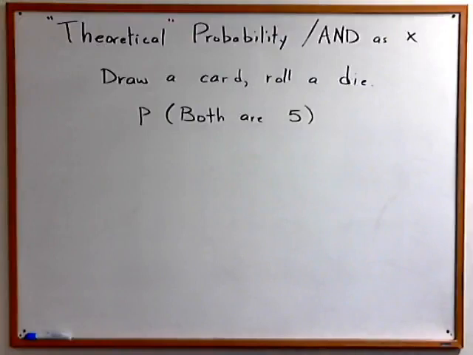Here's the first example. We're going to draw a card and roll a die, and we want to find the probability that both of them are 5. Now, first of all, I want to talk about the importance of rewording probability questions. Probability questions are asked in the English language, which is very complicated and non-standardized.